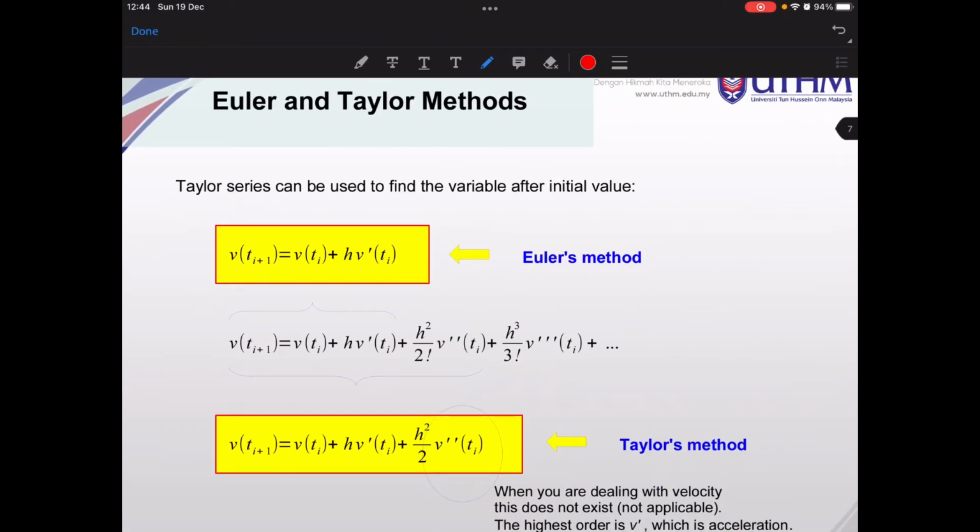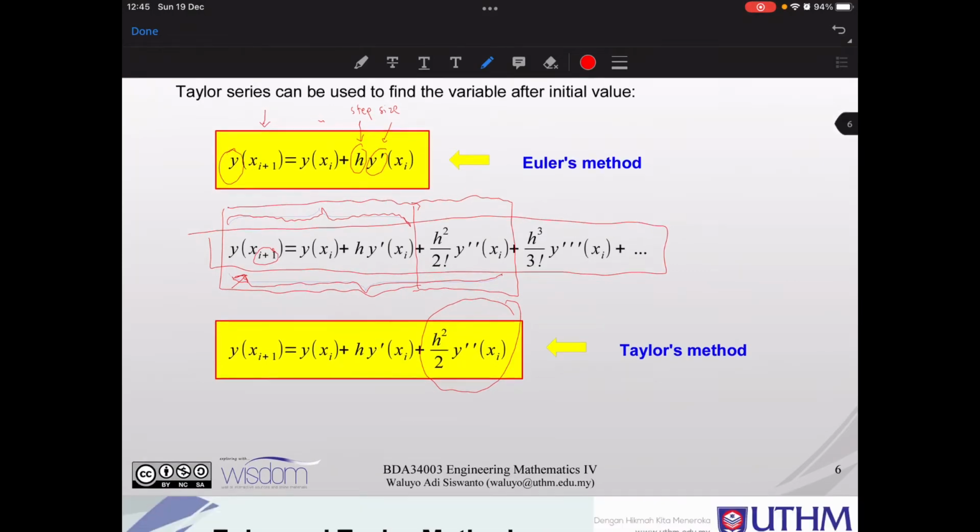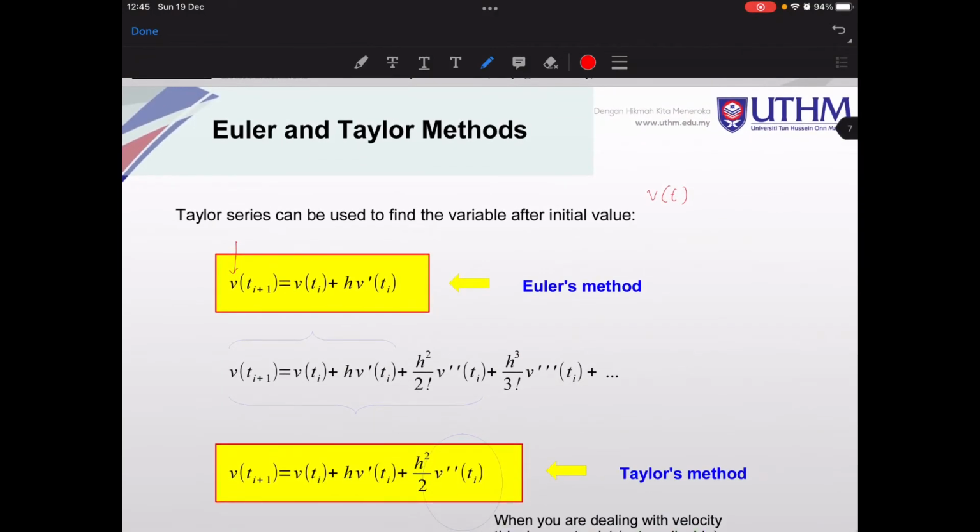So, in the example that I showed you before, because it is related to velocity v, we change from y to v. In the previous one we can see y, but now we are trying to solve velocity. So we change the term to v t i plus 1 is equal to v t i plus h v prime t i. It's just a matter of changing to suit the problems.